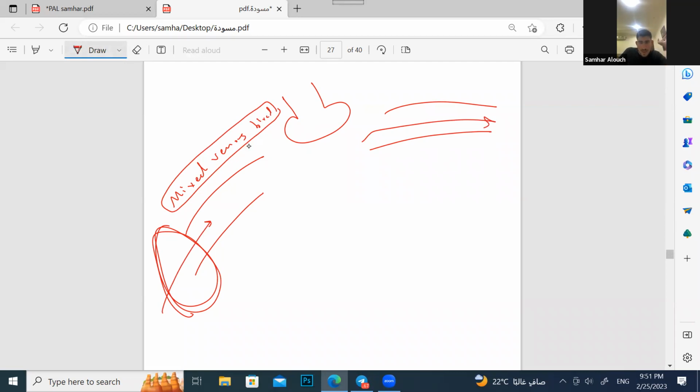This side is called mixed venous blood, and this side is the pulmonary artery, pulmonary veins. But if the artery came here and didn't get any oxygen from the alveoli, then its oxygen level is equal to the mixed venous blood, the blood that came here, because it didn't get any oxygen.